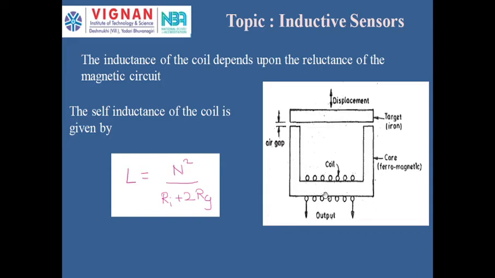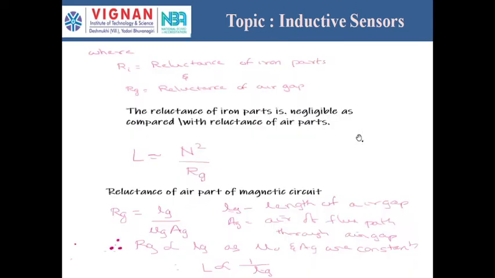The self-inductance of the coil is given by N square divided by Ri plus 2Rg, where Ri is the reluctance of the iron core and Rg is the reluctance of the air gap. Generally the reluctance of the iron parts is negligible compared with the reluctance of the air gap. Therefore we can neglect Ri, and the inductance is equal to N square by Rg.